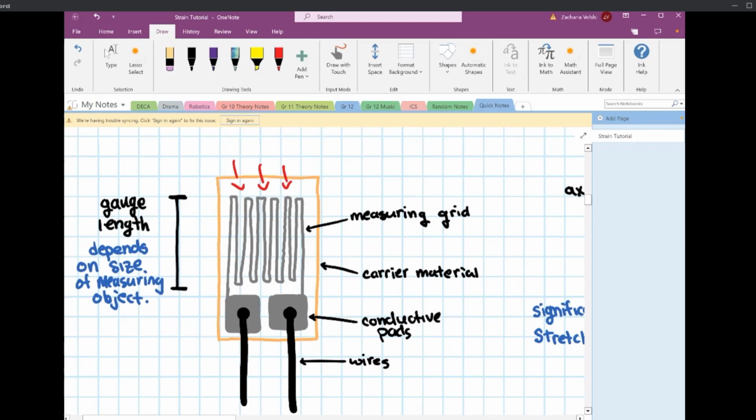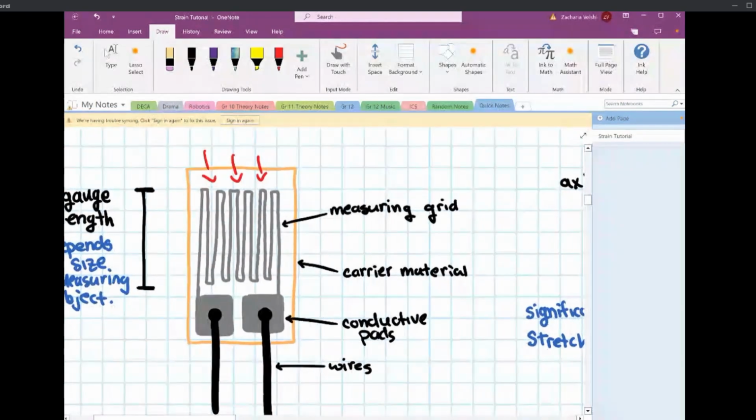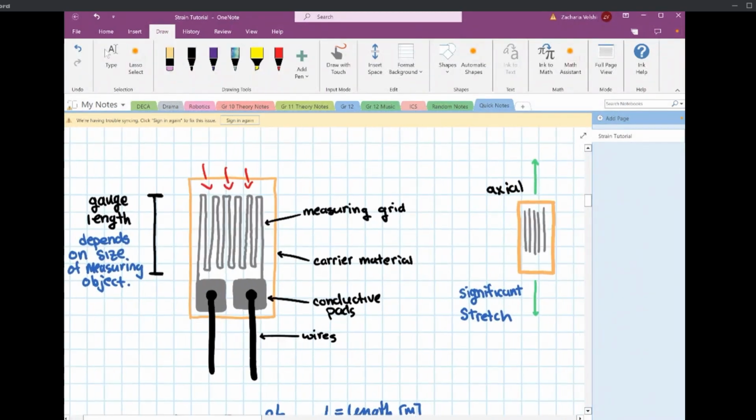The plastic is chosen so that it can deform pretty much as the material deforms below it, providing no resistance, and it doesn't want to compress when the member is elongating. So if you have a member that's getting bigger and it wants to make the carrier material bigger, it won't resist that as much. It'll just let the measuring grid deform as it feels like deforming. This is just one type of strain gauge.